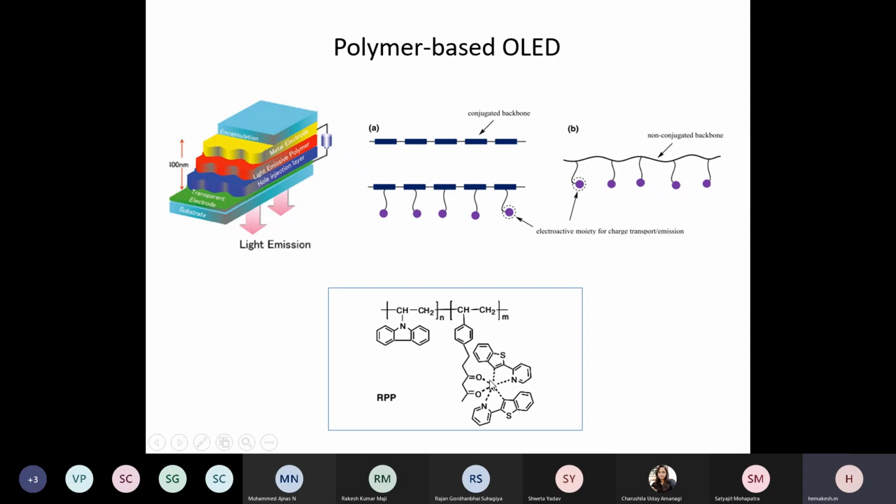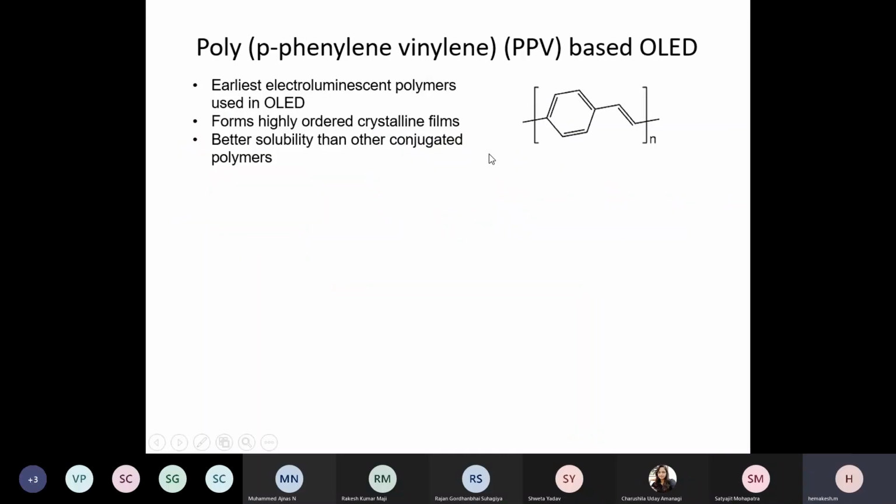This polymer would be an example of this kind of setup, where you have a non-conjugated polymer with pendant group that are functional in nature. For conjugated backbone polymers, the polymers that have been most or earliest studied for organic LEDs are these polyvinylines.